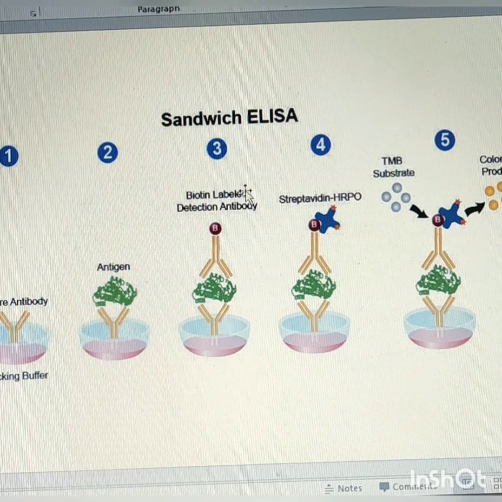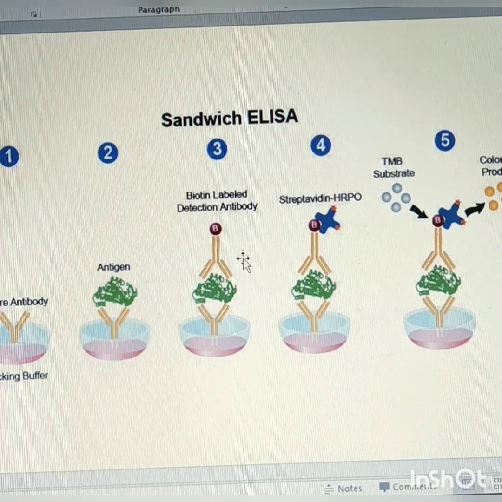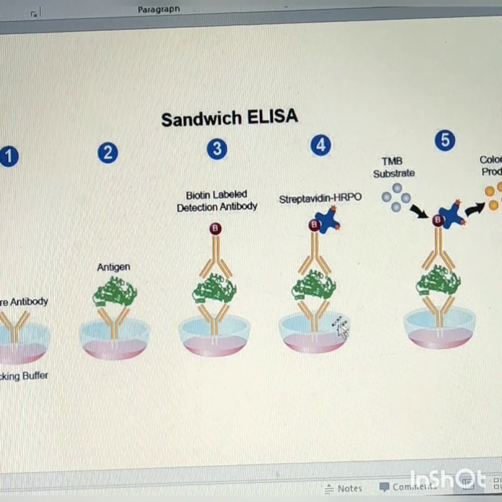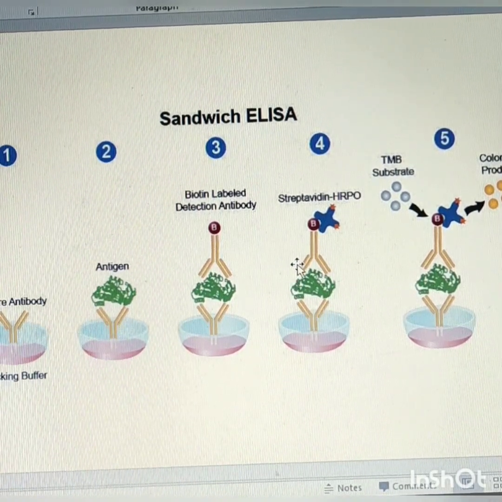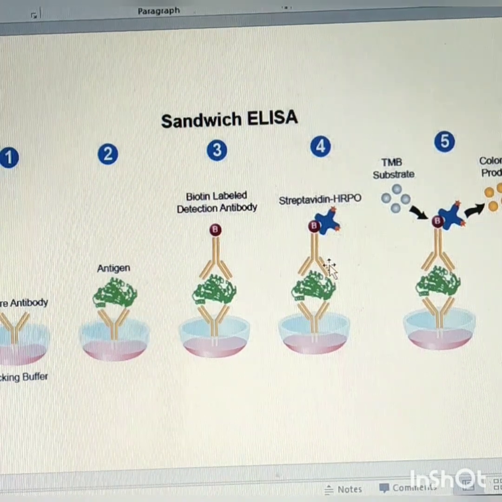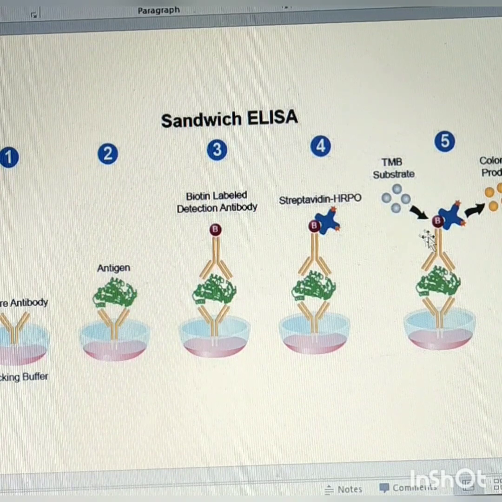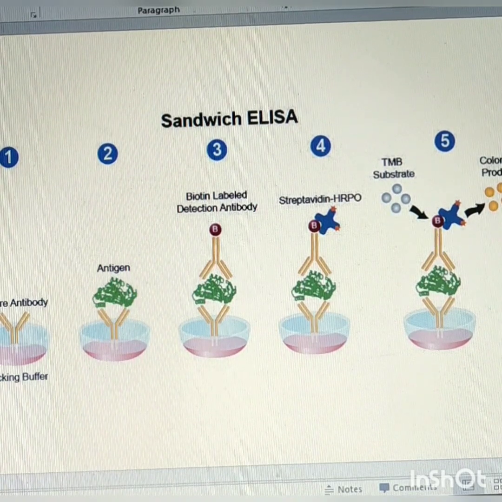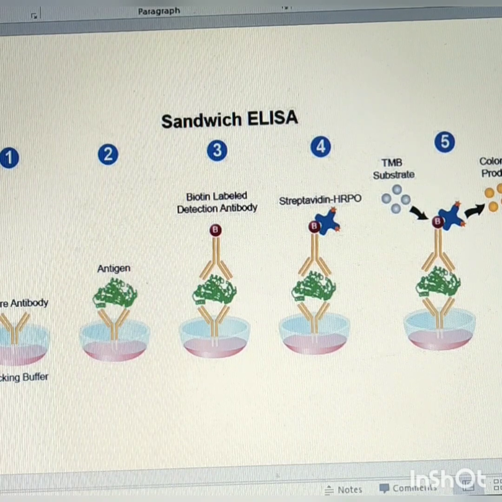Here this is biotin labeled detection antibody is added, and the antigen is sandwiched between the two antibodies. The substrate is converted to a colored product which is easily detectable.